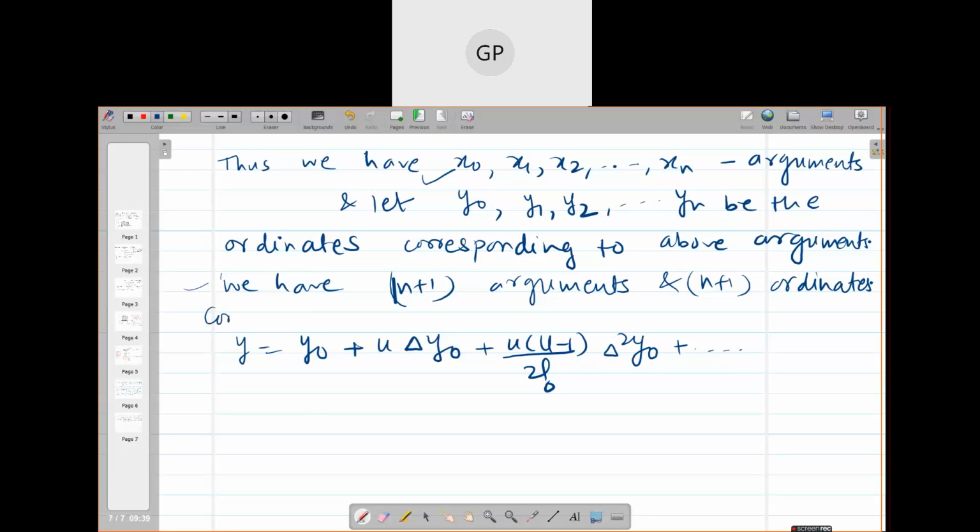So consider Newton's forward difference interpolation formula. If I want to integrate this function now, I am considering y in terms of this.